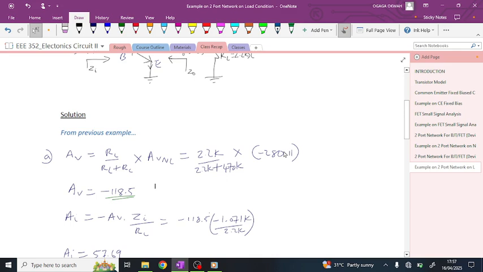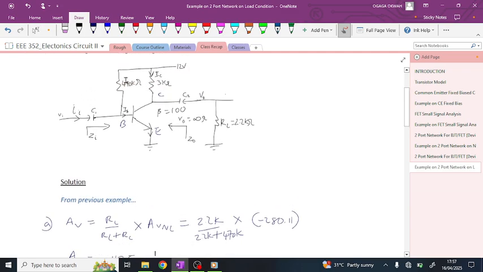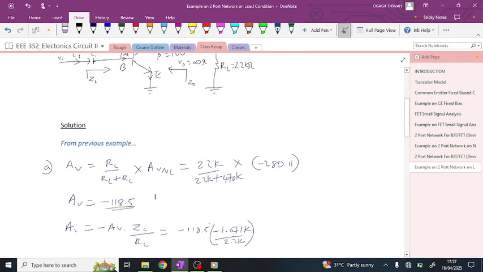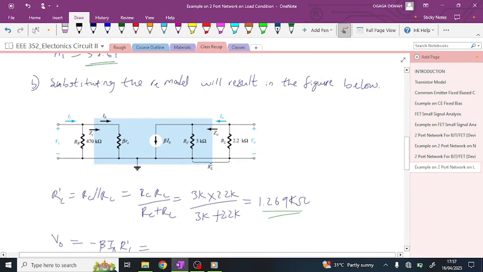But now that we have a load, we have to consider the load resistance divided by the load resistance plus this resistance of 470, which is the base resistance. Why are we doing this? This calculation is based on the voltage divider rule.